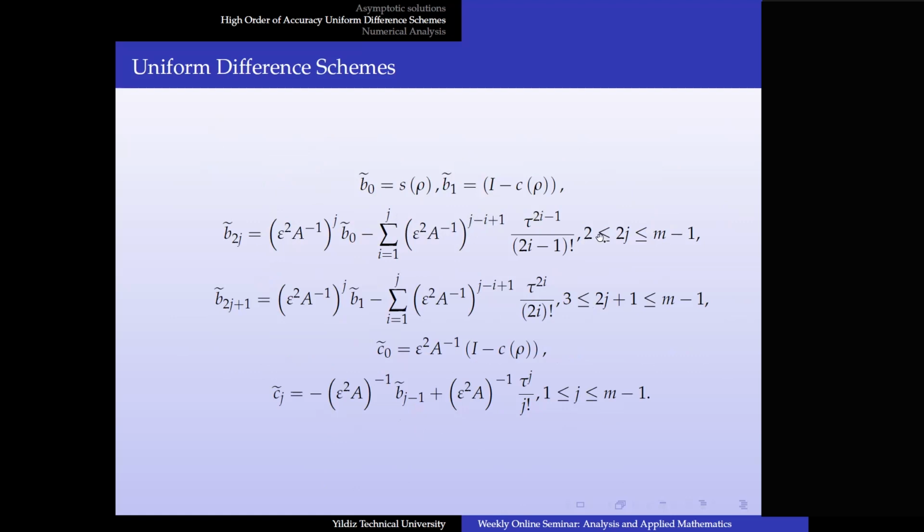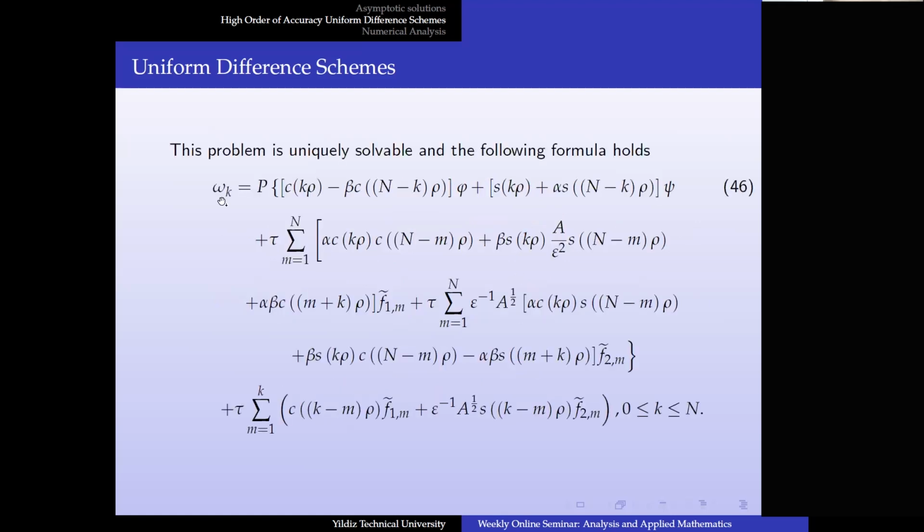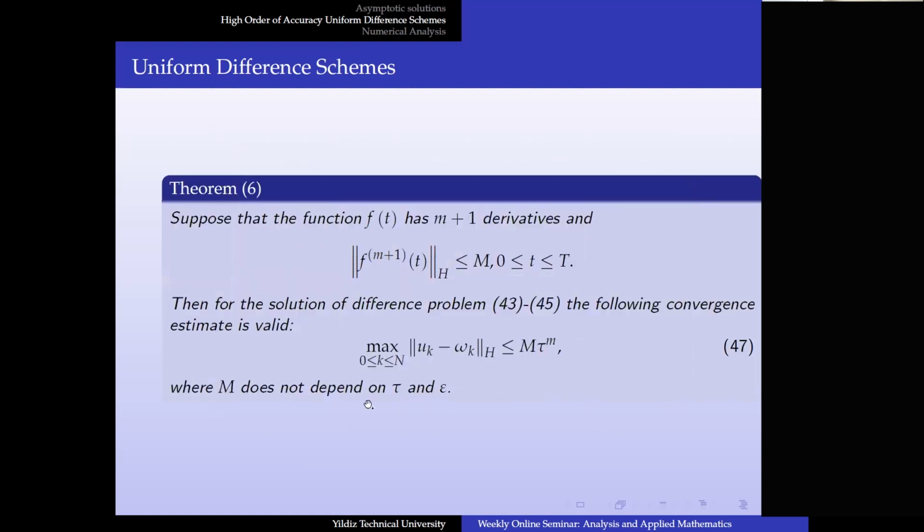We use in the proofs Taylor and Maclaurin series, so we have the following expressions. So this problem is uniquely solvable and the following formula holds. So this is our solution formula 64 for the non-local boundary value problem. And for the convergence of this problem, we have the function f of t.